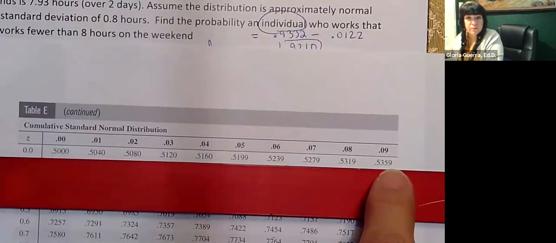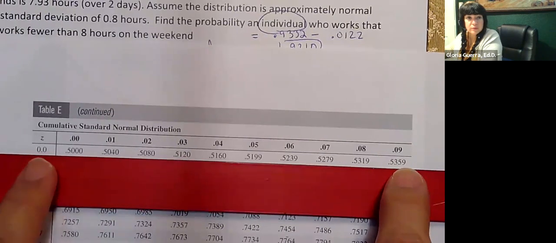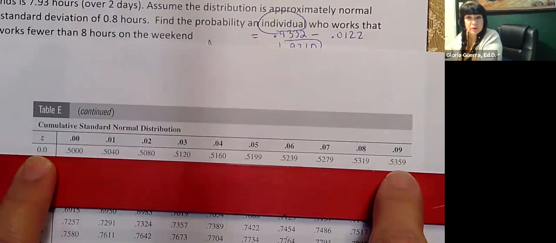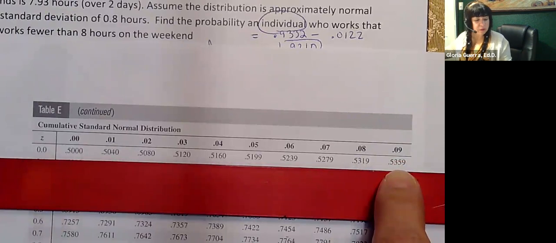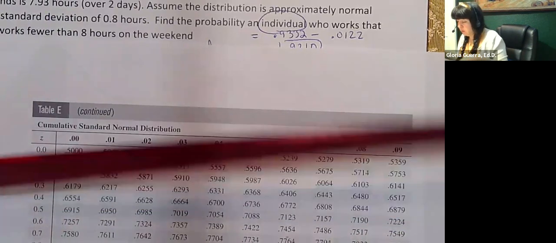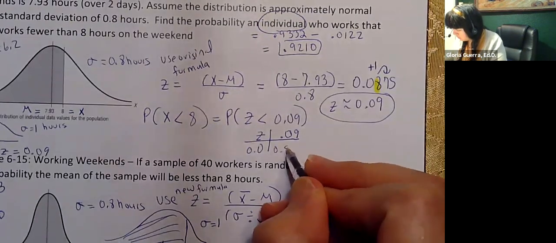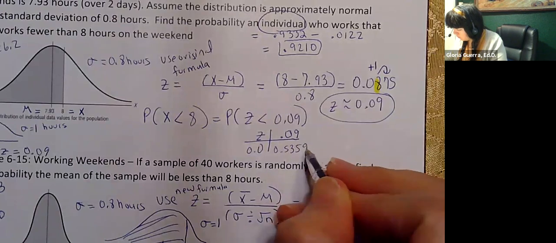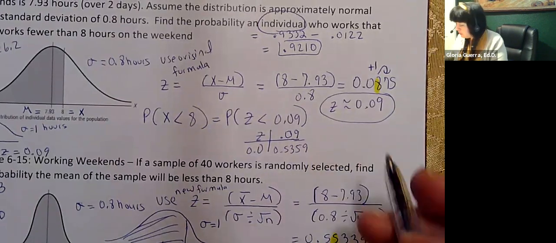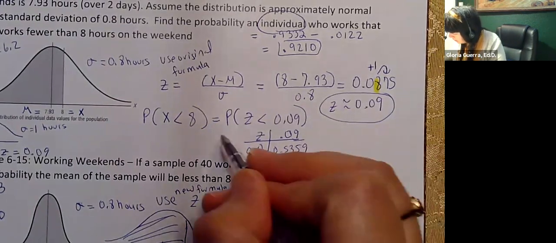See 0.0 and then 0.09, it's 0.5359. Yeah, so that would be it.